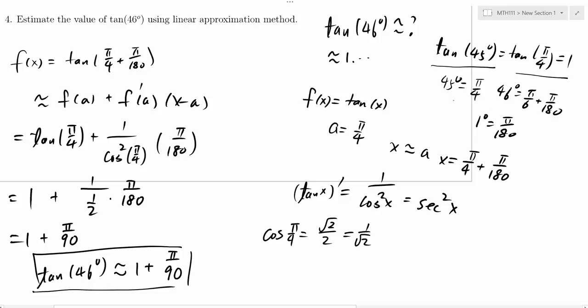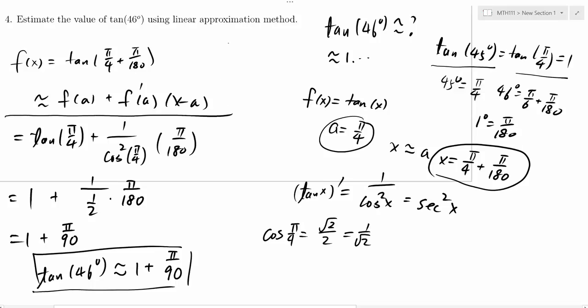Then we call this 45 degrees a, which is pi over 4 in radians. f of x is the one we need to approximate, and x is pi over 4 plus pi over 180. Then we use the linear approximation formula, calculate the function's value and the function's derivative at this point a, and multiply by this difference, and that gives us the approximation.